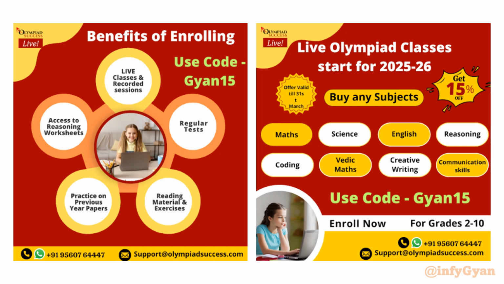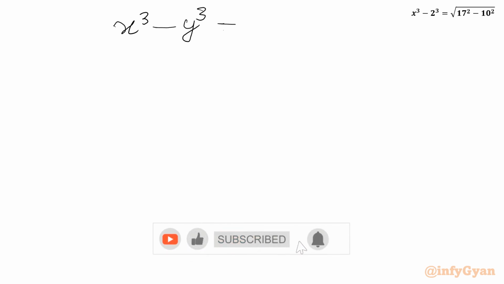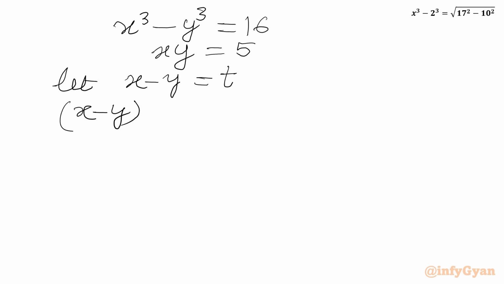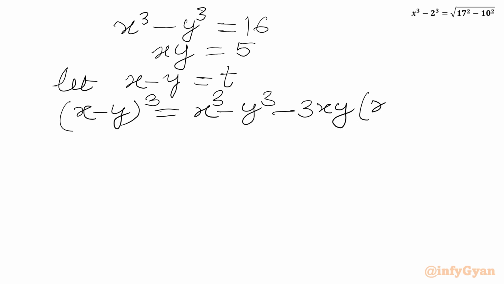Let's come back to our problem. So our first equation was x cube minus y cube equal to 16, and second equation was xy equal to 5. Now let us assume x minus y equal to t. Now we know the formula x minus y whole cube is equal to x cube minus y cube minus 3xy times x minus y.